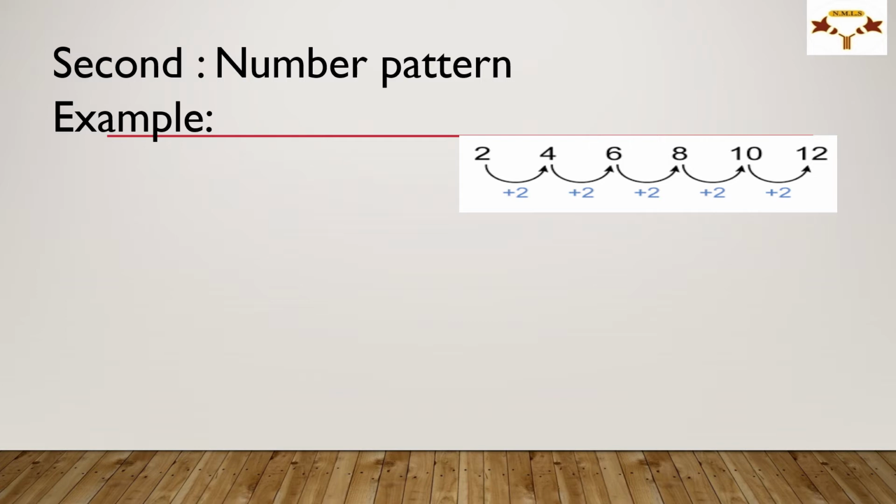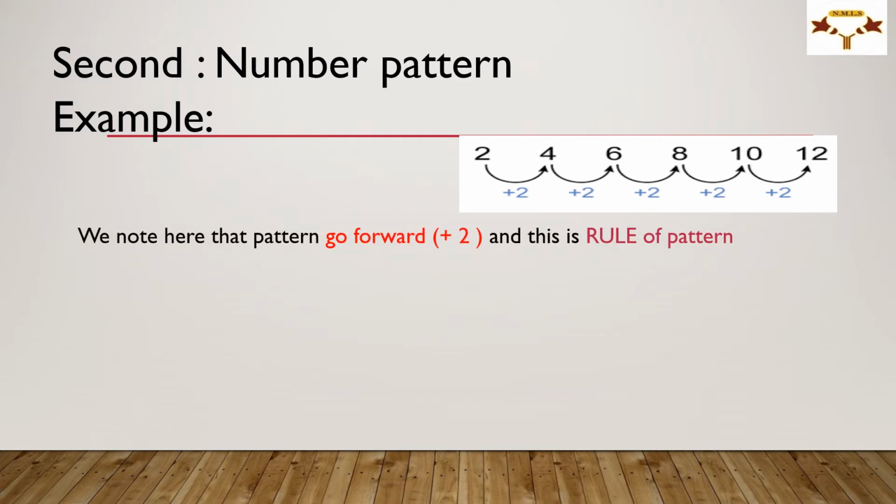Count on your fingers please. After 2: 3, 4. So you add 2. Each time in this pattern you add 2, because a pattern is like a sequence. Each time you add the same number, 2 and 2 and 2 and 2.